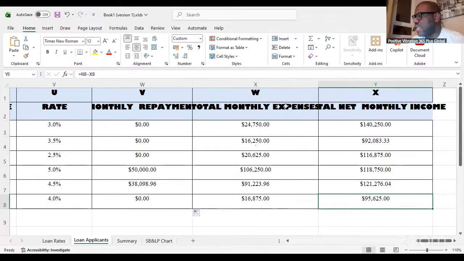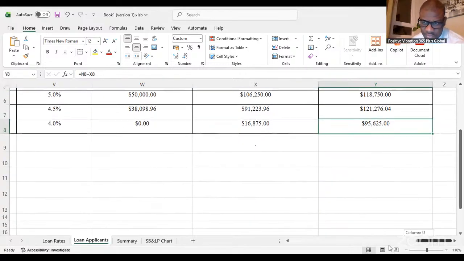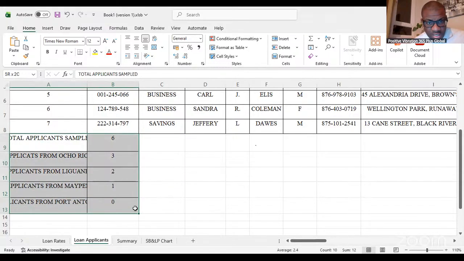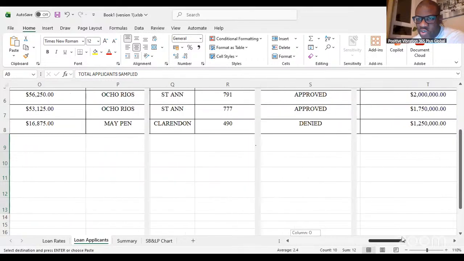Right, so let's go on to the next page now on the SPA to see what else you're expected to do. It says in an appropriate row on the spreadsheet, you're going to enter total applicant sample. I see yours, but I think I put it to the side. So we're going to extract it for now and put it over here. Why?